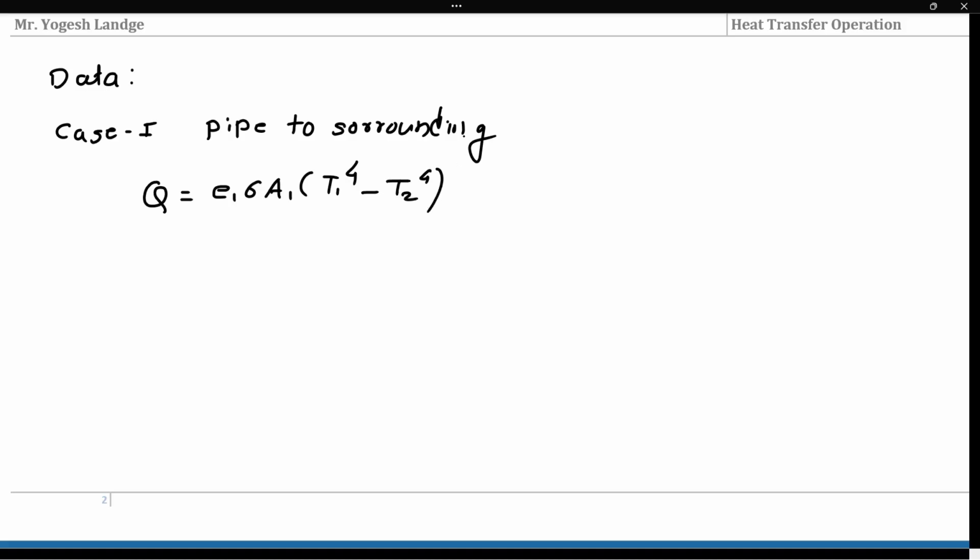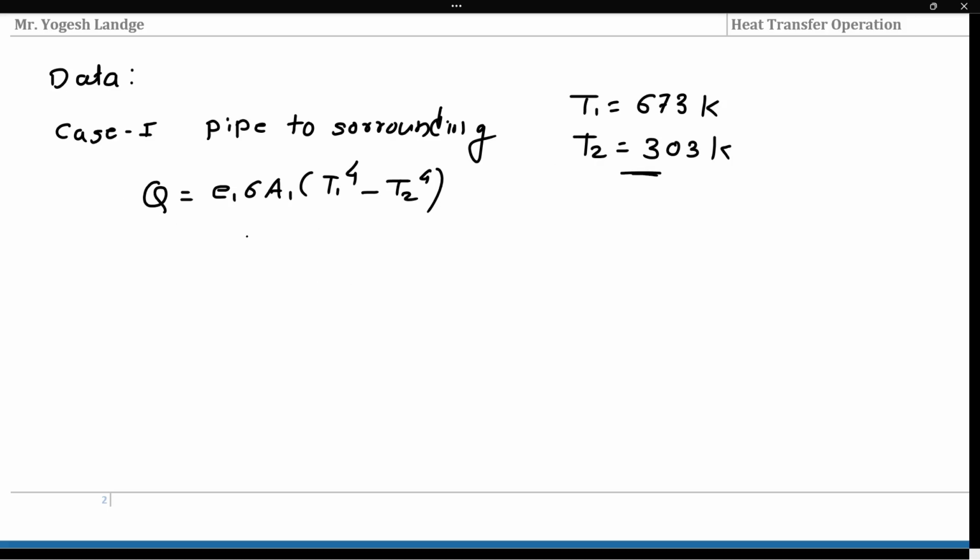Just remember one thing: the T1 value shown in the previous data should be 673. Just remember this is the correct one, 673, and T2, that is the room, is 303 Kelvin. Wrongly I showed it in the last slide.